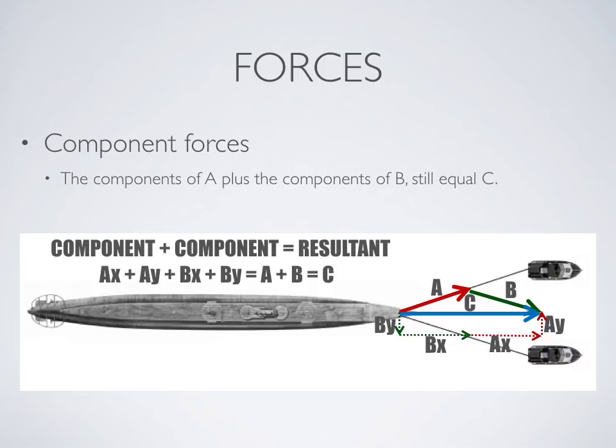So in this case, we have component plus component equals resultant, which used to be A plus B equals C. But now we've broken A and B down into subcomponents or smaller components, AX, AY, BX, and BY.